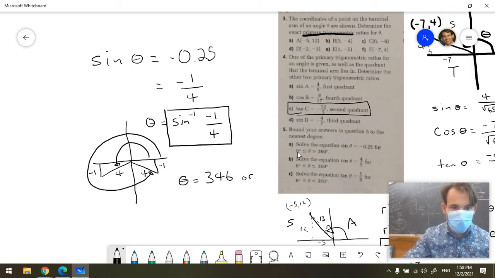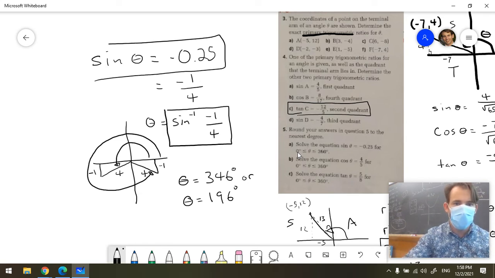So if I do 14.4 degrees, or 14 degrees when I round, plus 180 plus 14, that gives me 194. Remember my guess? 200. So it was pretty close. Or theta is equal to 196. So those are my two answers for theta given this trigonometric ratio.